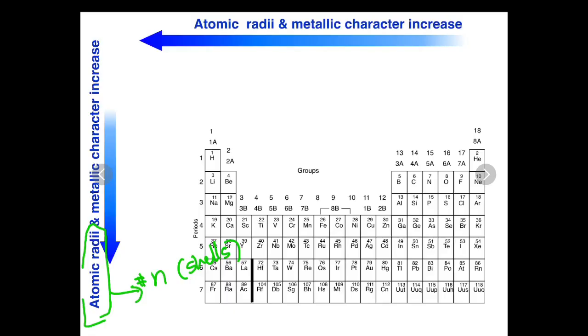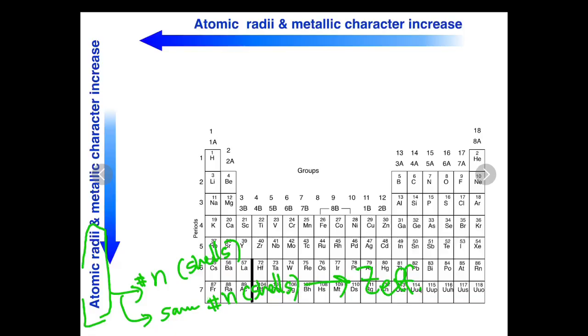If one has more shells than the other, clearly the size would be bigger, right? If you have the same number of shells, then the next thing you're going to take a look at is effective nuclear charge, right? The higher the effective nuclear charge, the smaller the size. Okay, so that's going to explain the atomic radii that we discussed in the previous video.